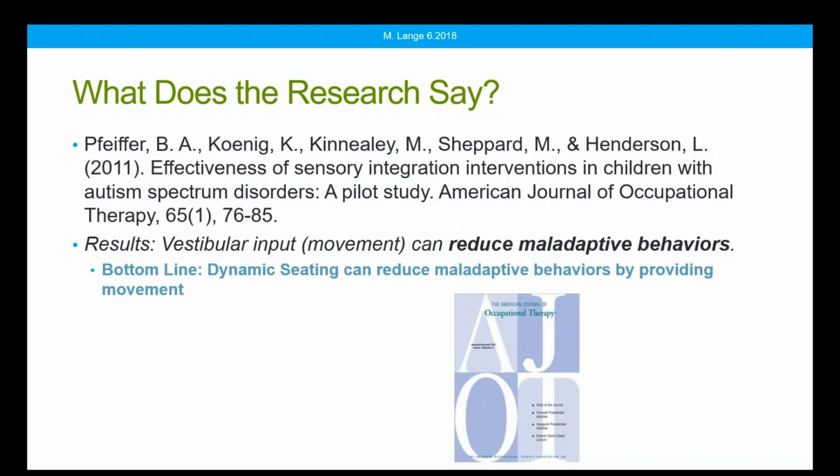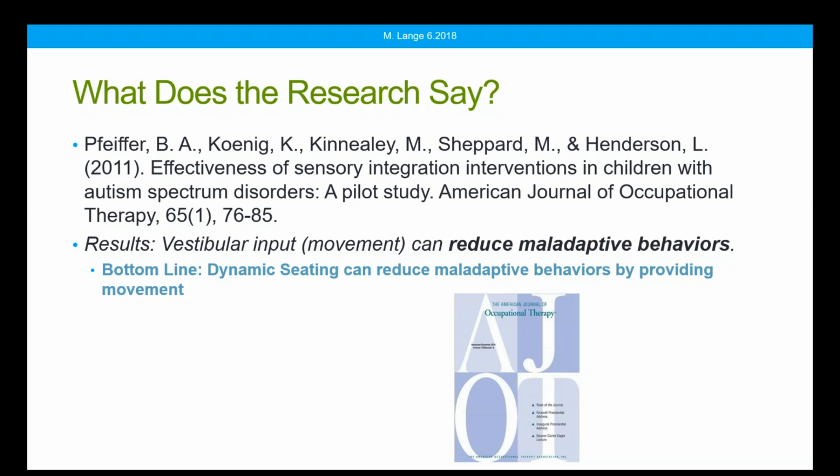This research in 2011 was published in the American Journal of Occupational Therapy, and it discusses the effectiveness of sensory integration interventions in children with autism. Now, a lot of the clients we're working with who can benefit from dynamic seating have a lack of mobility, and so autism, although it could be a secondary diagnosis, is not generally the primary diagnosis.